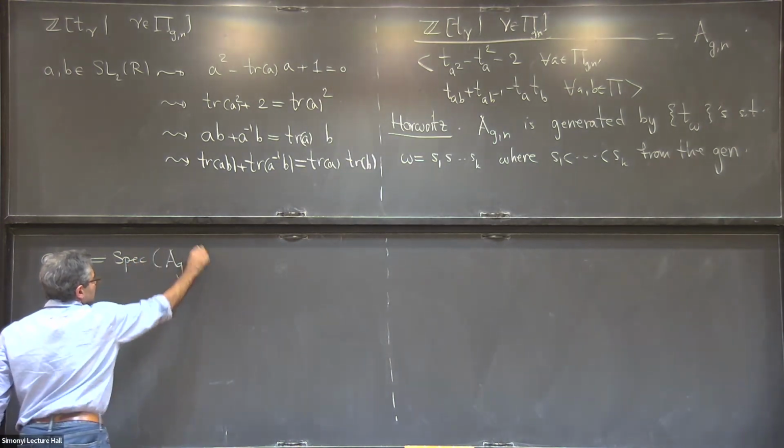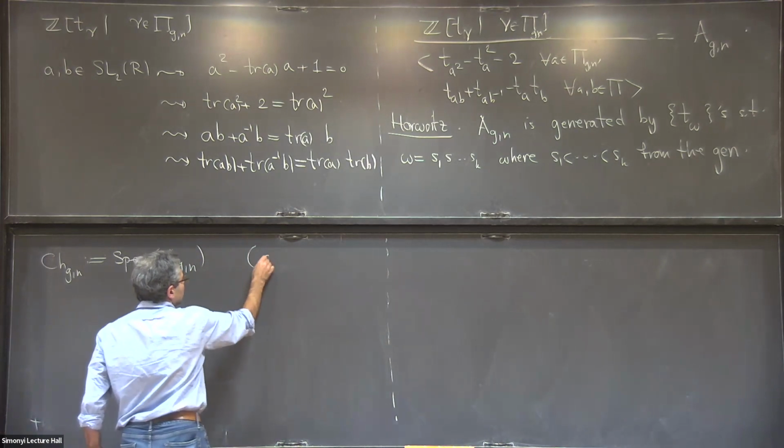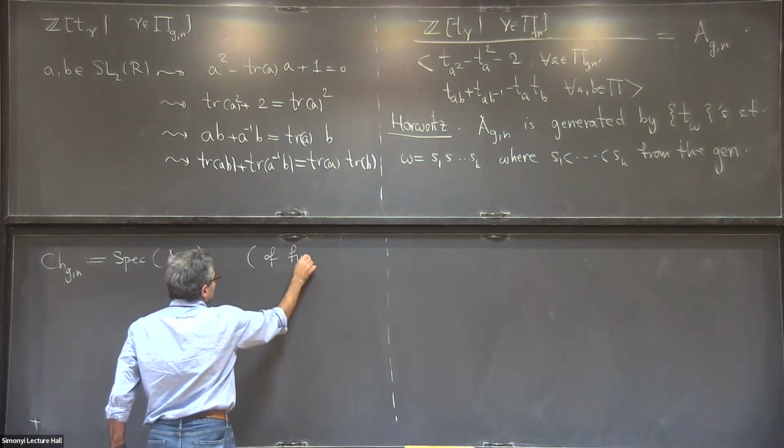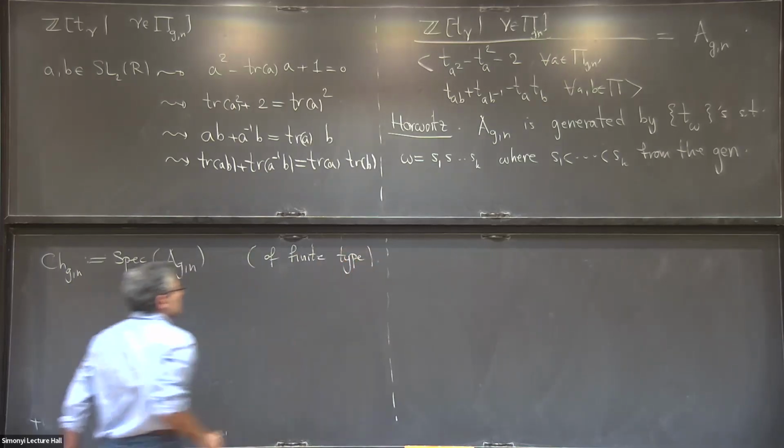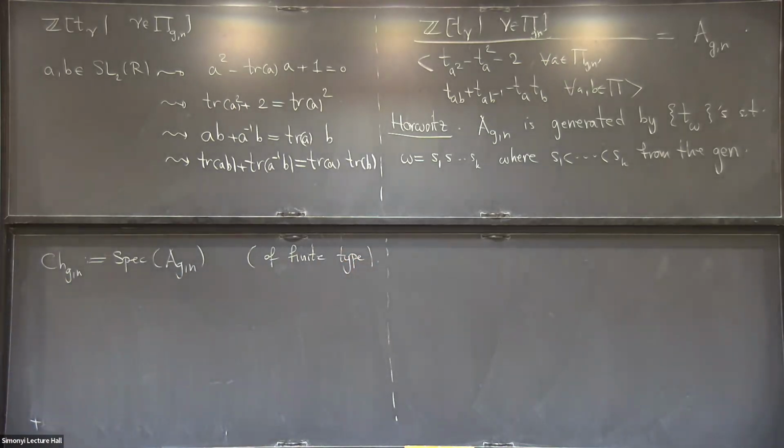Now we know it's finitely generated, which is a finite type. And kind of you can see it now. If I start with this representation variety, by taking traces of the elements, I'm giving you the values of these coordinates.